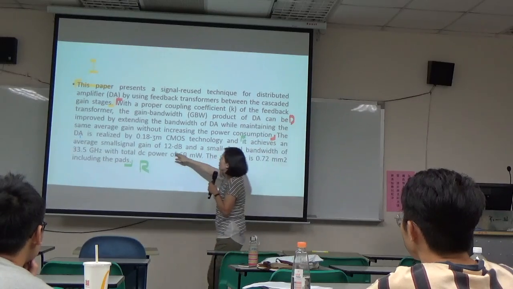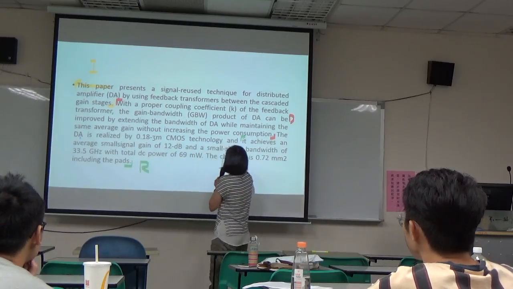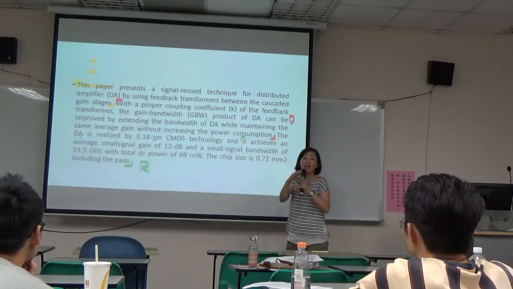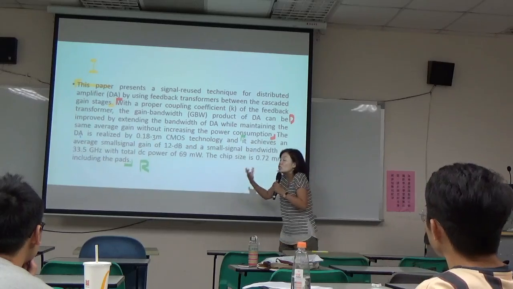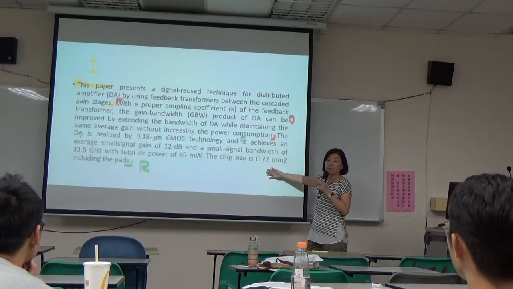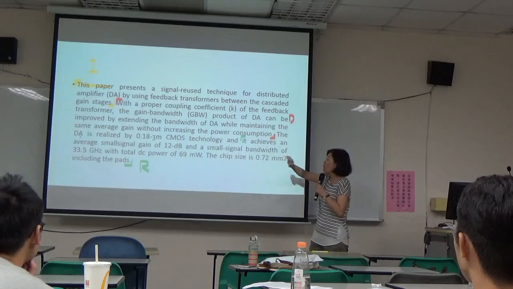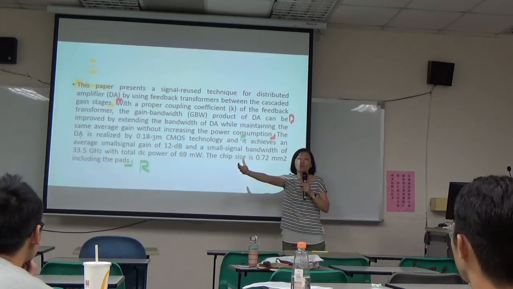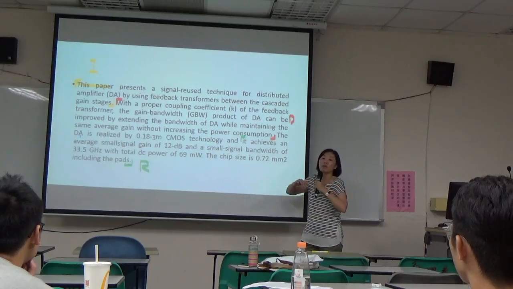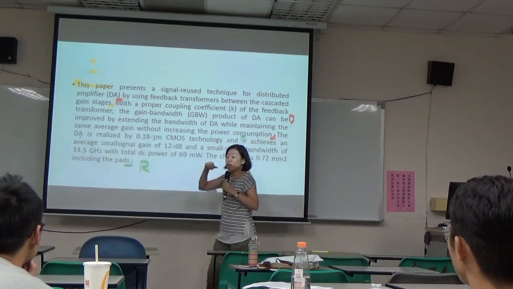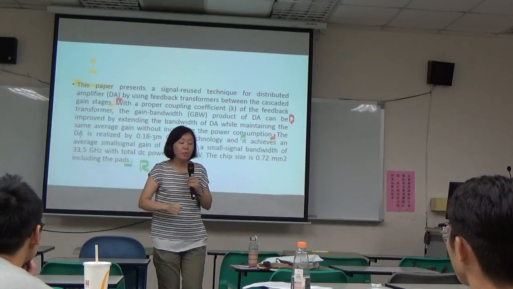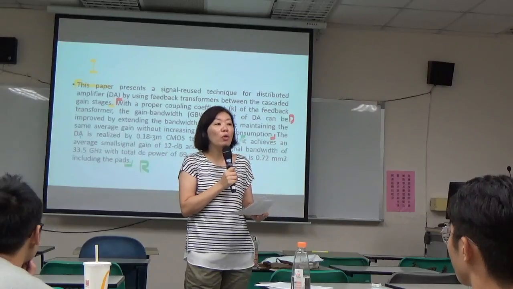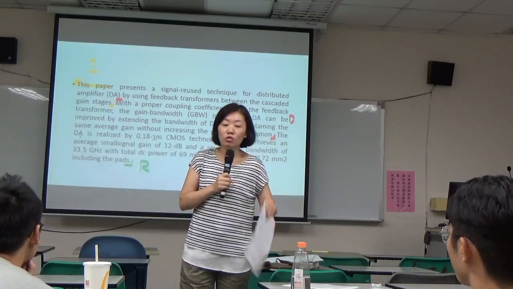They achieve this small signal and so on. I don't understand it, but I know they get the result. That's it. There's no extension to say the significance or importance of the result. They did not say this is a new way of expanding the bandwidth. They did not say this is a very important finding. So in terms of the structure, this paper is not as well written as the previous one.